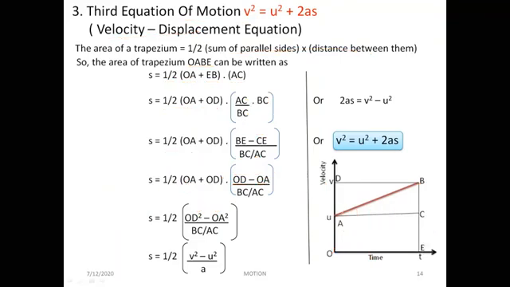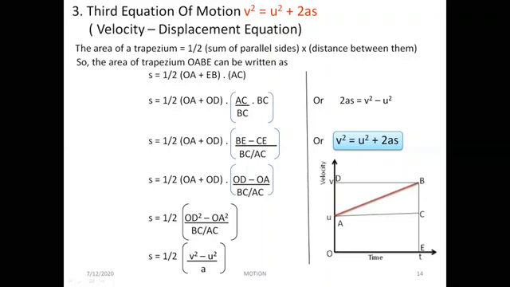Okay, now substituting these values, OD is equal to, okay, let me clear it first. So the OD is equal to V, and OA is equal to U, and we saw in the first equation that BC by AC is acceleration.